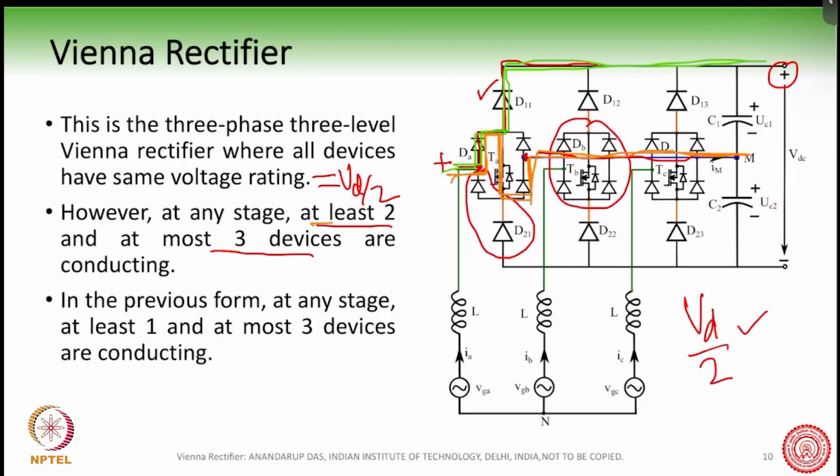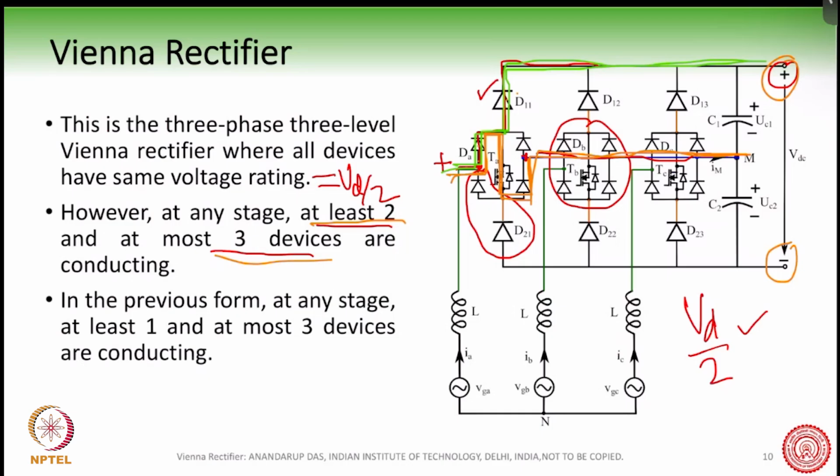So in this converter, one disadvantage is, in particular, when you have this plus and the minus, you have two devices in series connection, which means the conduction loss will increase.